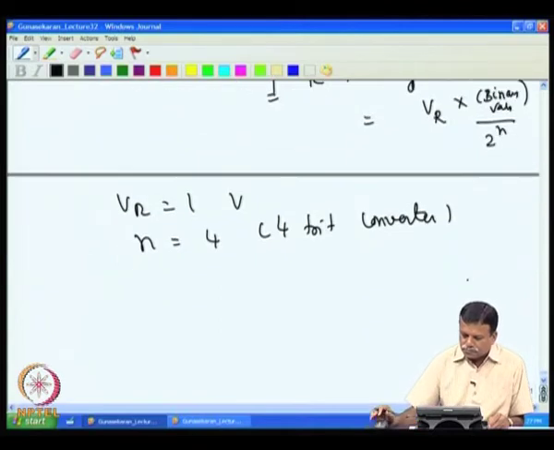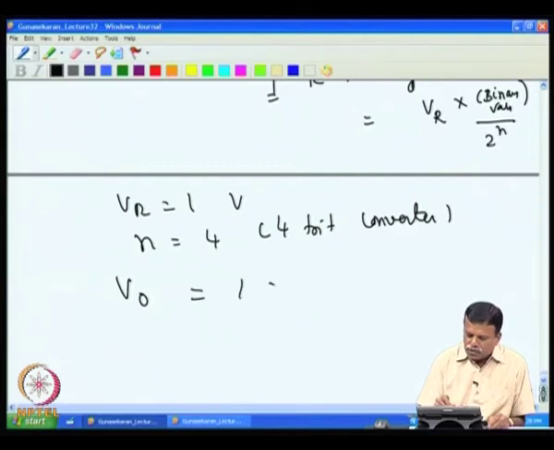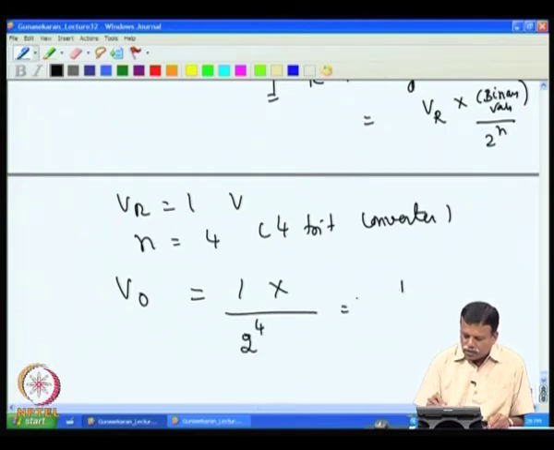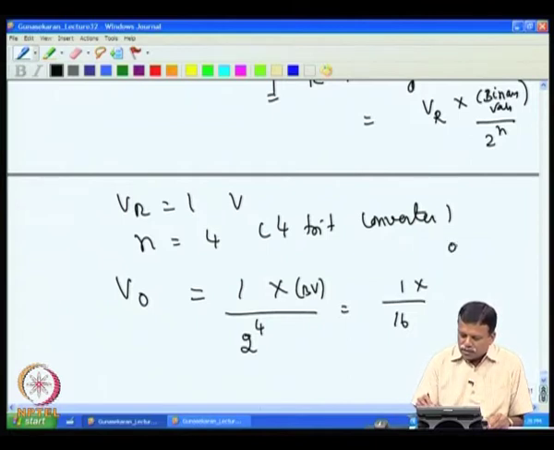Then the analog output V0 would be 1 volt over 2 power 4, times the binary value. That will be 1 by 16 times the binary value. For example, if the LSB alone is on, with logic 0 0 0 1, then the binary value is 1, and you have 1 by 16th of a volt.